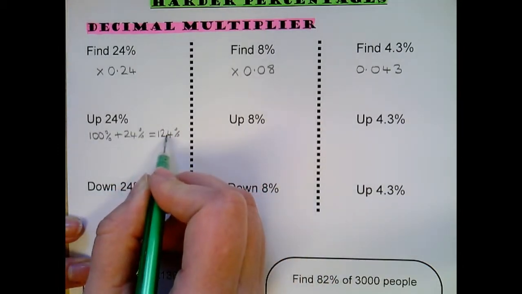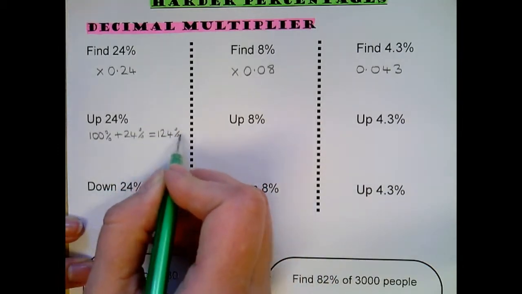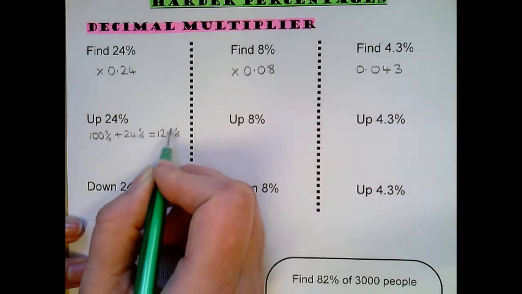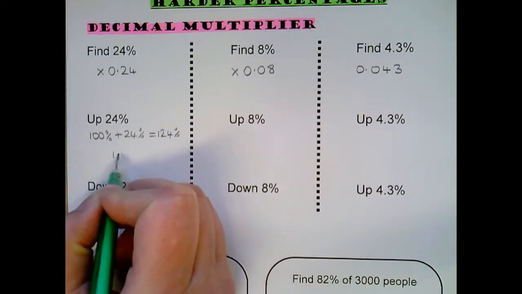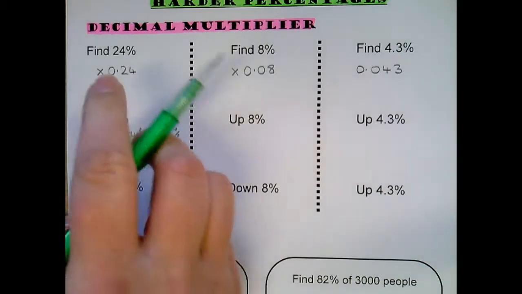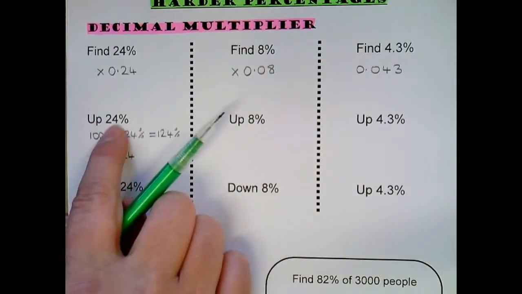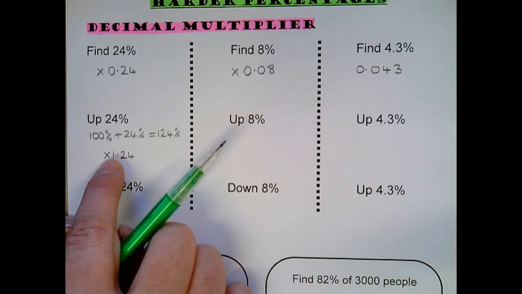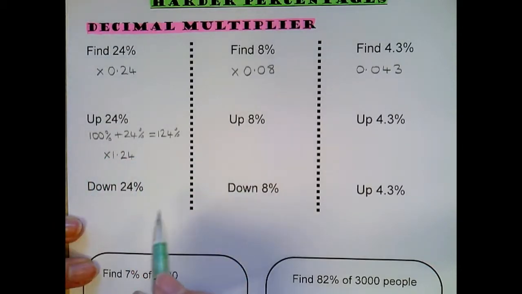To find 124% of something, you change the percentage into a decimal by dividing by 100, which would make it 1.24. So your decimal multiplier for going up by 24% would be times by 1.24.